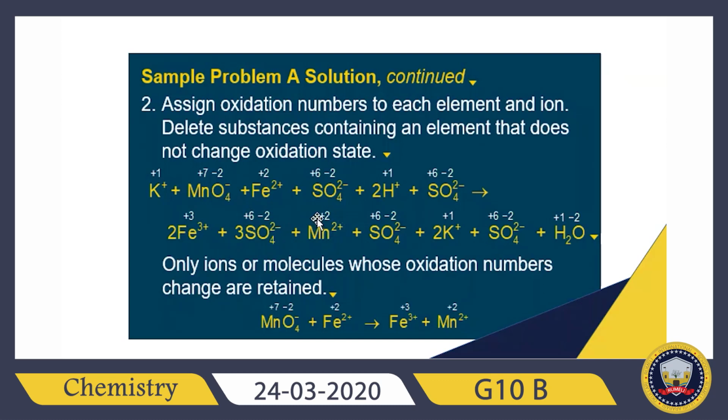For manganese is +2, and as we know, manganese is in group number 2. Again, we have the same oxidation numbers here for this anion. For potassium is +1, the same as here, and for the water molecule, for the oxygen is -2, and for hydrogen is +1.